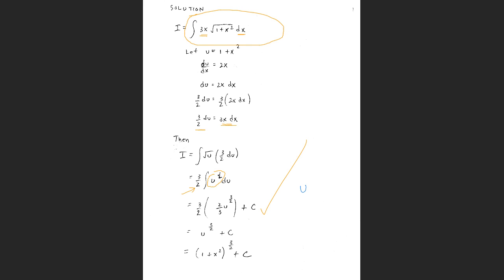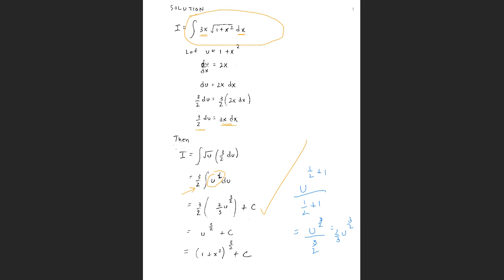So if you take a half plus 1 and divide by a half plus 1, that's going to equal u to the 3 halves over 3 halves, and that'll just equal 2/3 u to the 3 halves. So remember when you differentiate a term of a polynomial, the power rule, you subtract 1 off the exponent.